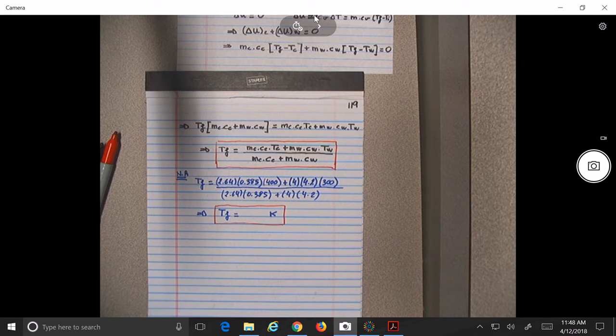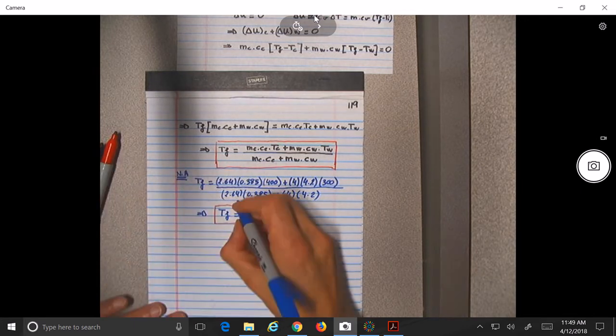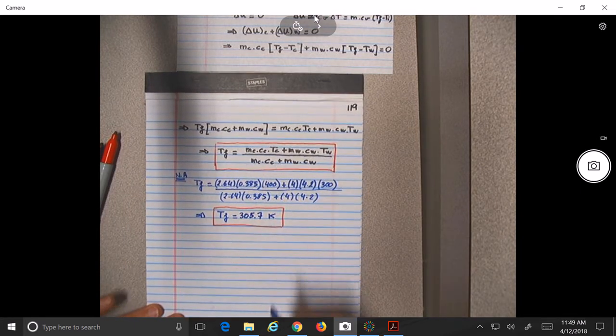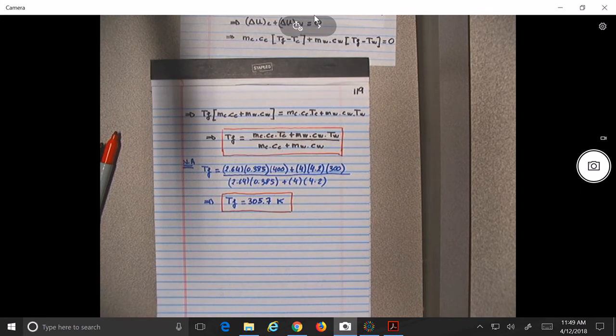Here they have 300 and I don't know if it's 305.6 or 306.6. I have no idea. 305.7. Let's go with your results, okay? 305.7. I mean, it's not that important, okay?